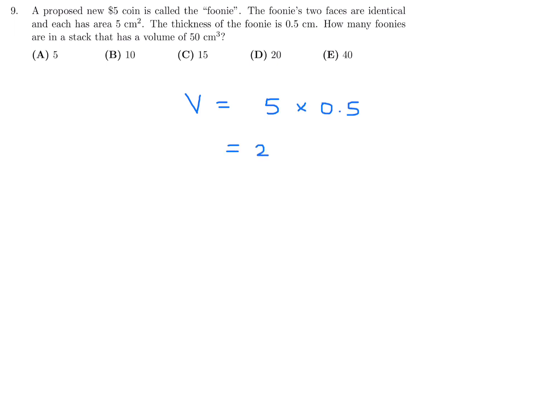And that is 2.5. So one of these coins is 2.5. So they're saying if you have a stack that is 50 centimeters cubed, how many of those coins are in that stack? Well, you'd have to divide by the individual volume. So 50 divided by 2.5 will give you the number of coins. And that will be 20. So there's 20 coins in that stack. Number 9, the answer is D.